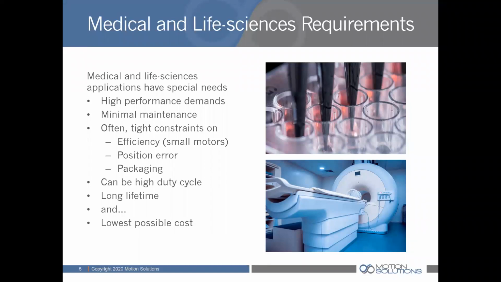Often, especially for tabletop equipment, we might have tight constraints on packaging, position error, efficiency. Many times you've got a very small assembly where you've got very small motors moving things back and forth, so you're concerned about the friction. As I mentioned, high duty cycle, and these generally need to run for a long lifetime, many years in the field. And of course, at the lowest possible cost.